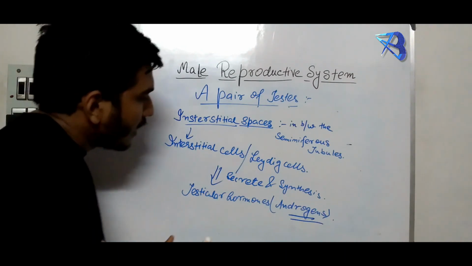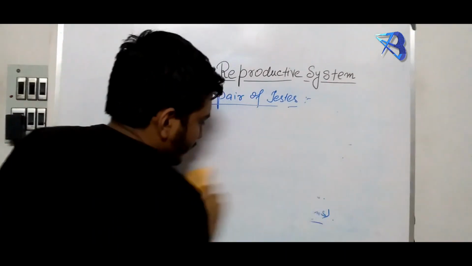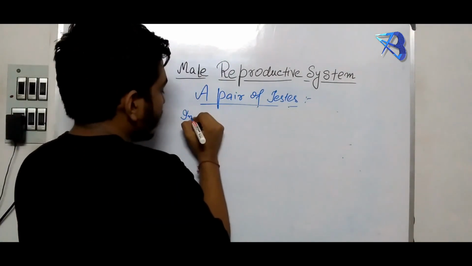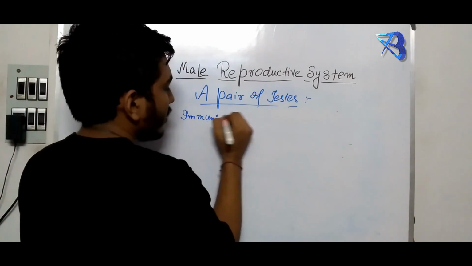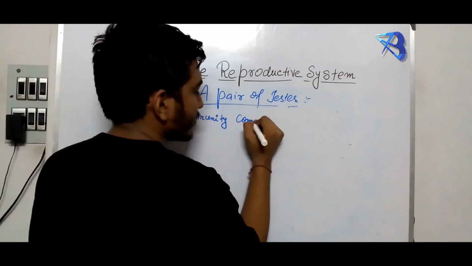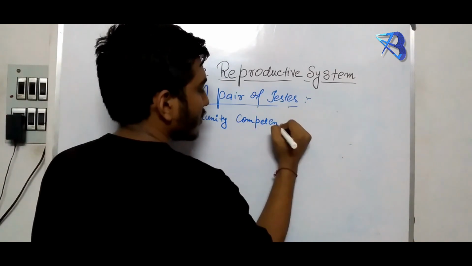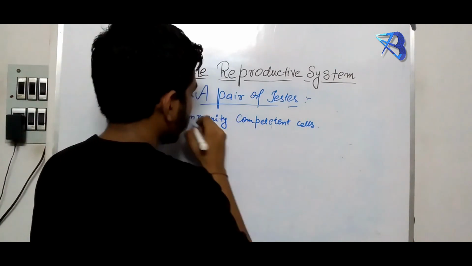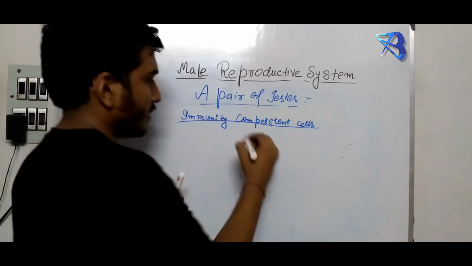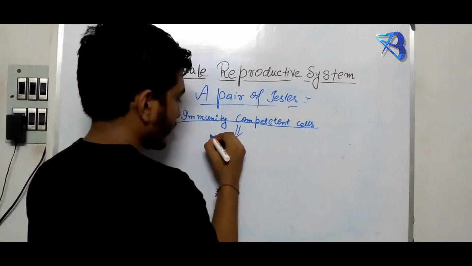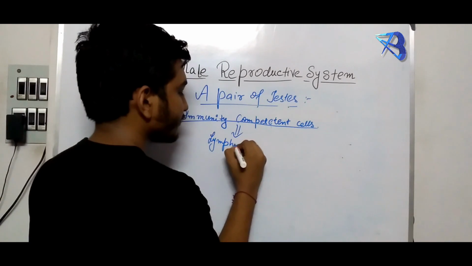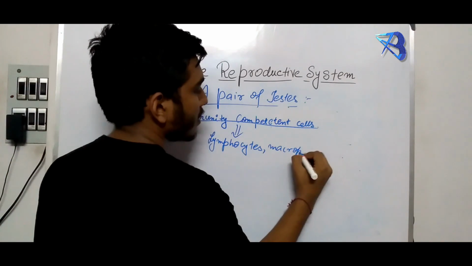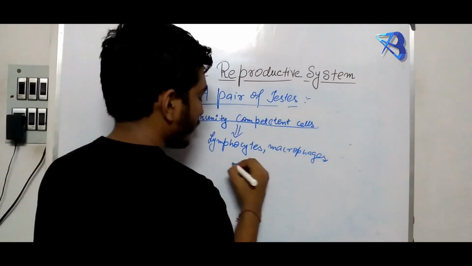Okay. Now, one more last line of that NCERT paragraph. One more important term is there, that is the immunocompetent cells. Now, what are these immunocompetent cells? These are nothing but the lymphocytes, the macrophages, and mast cells.